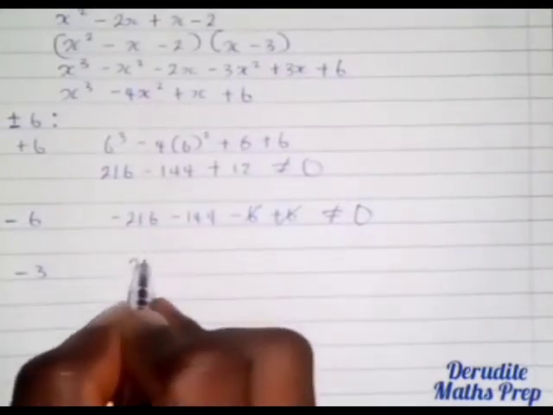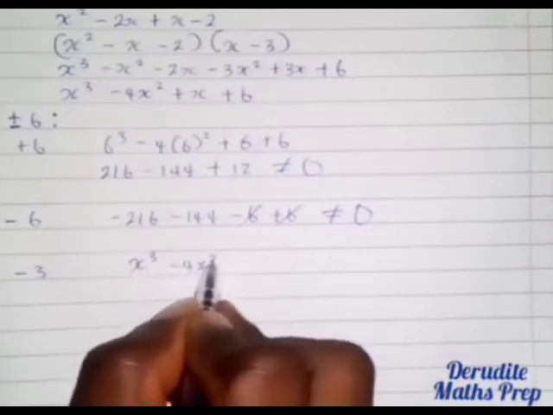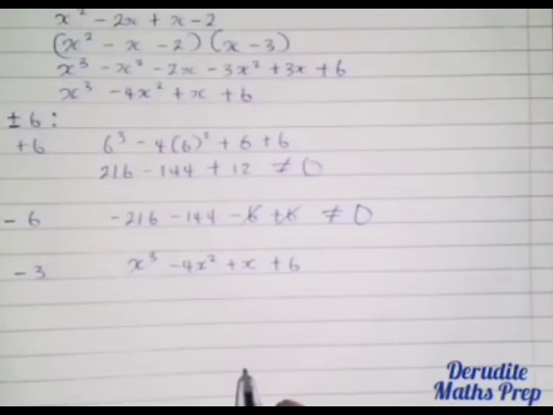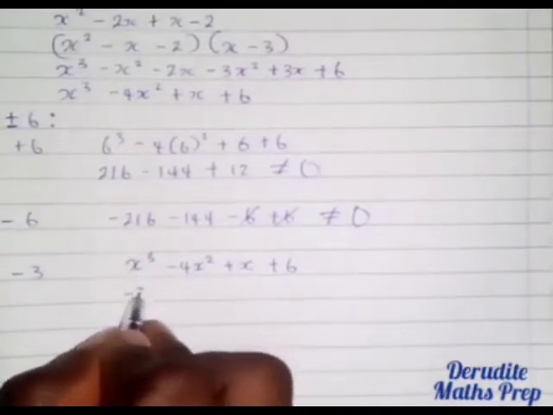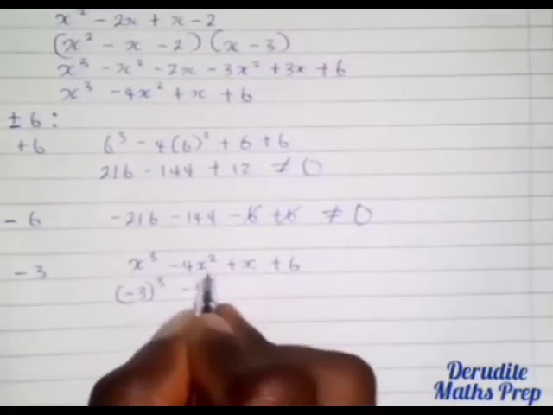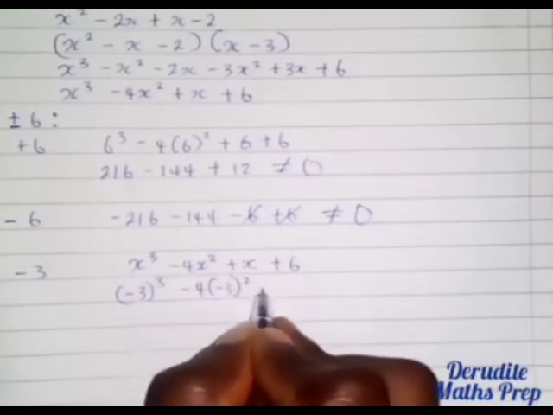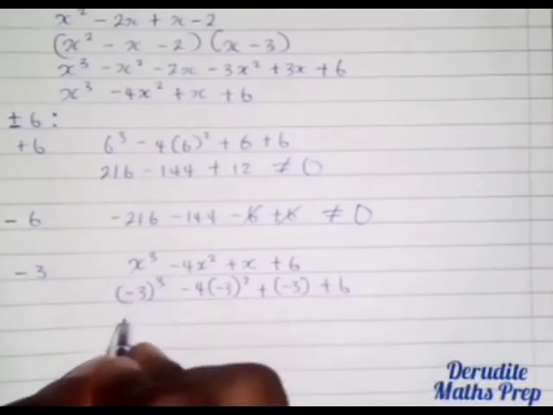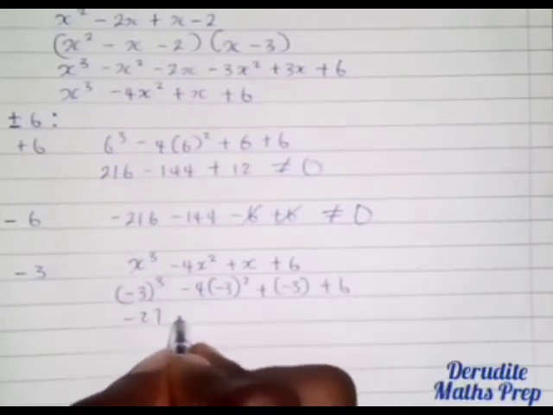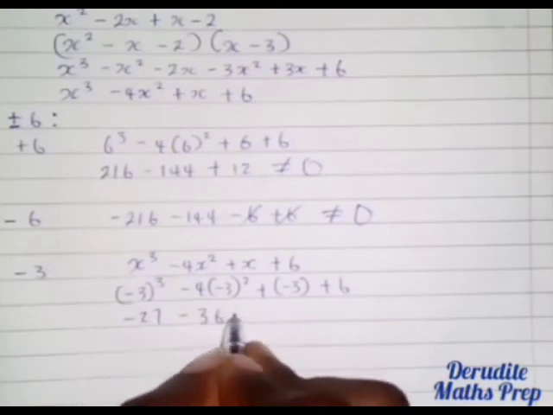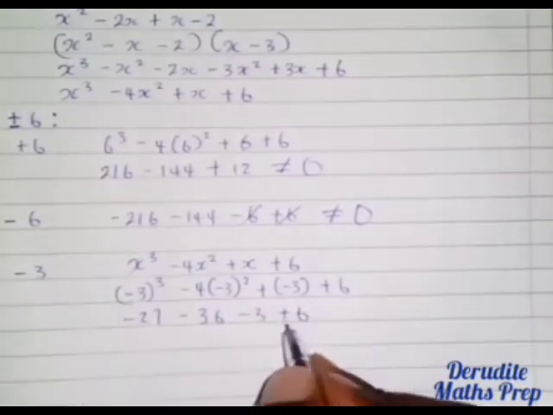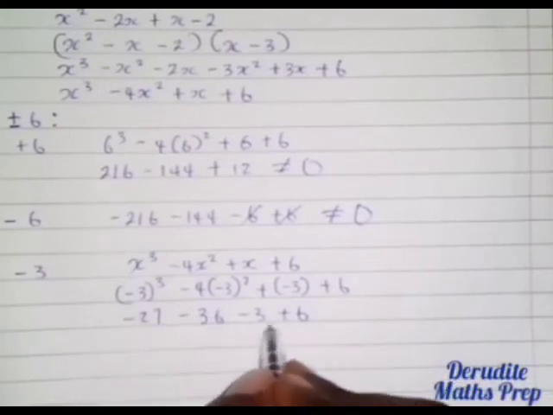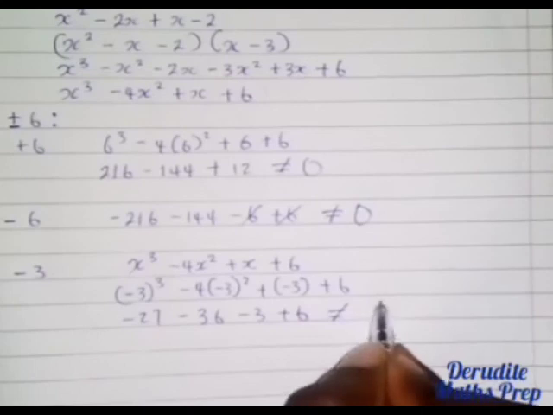If we use minus 3 in x cubed minus 4x squared plus x plus 6, putting minus 3 wherever we see x, we have minus 3 cubed minus 4 times minus 3 squared, plus minus 3, plus 6. Minus 3 cubed is minus 27. This is minus 36, minus 3, plus 6. When we add this up, we will see that this is minus 27 minus 36. This is way lower than 0 after adding 6, so it is not equal to 0.